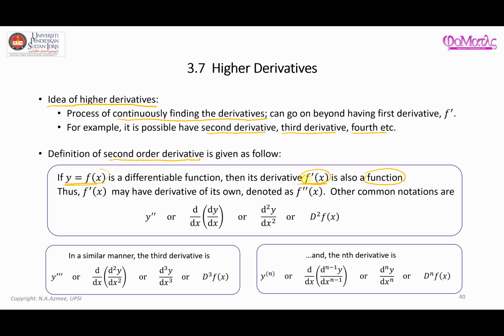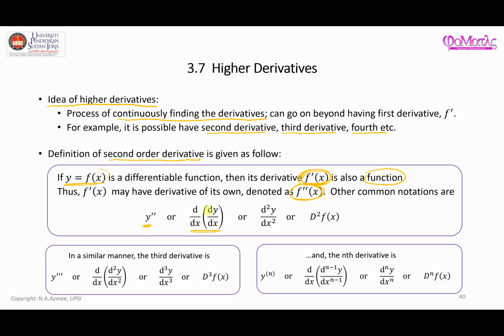So f prime x can have a derivative of its own, and the result is called the second derivative.